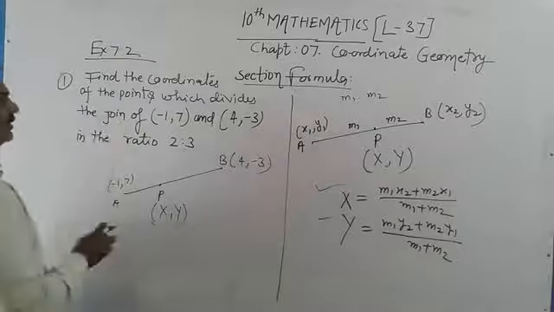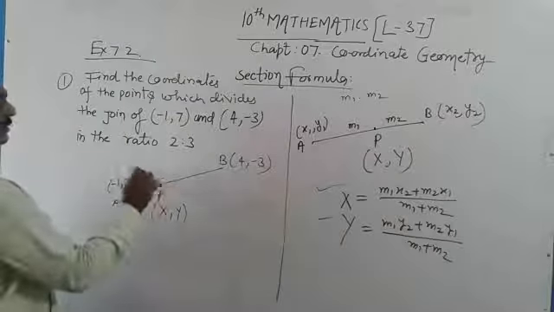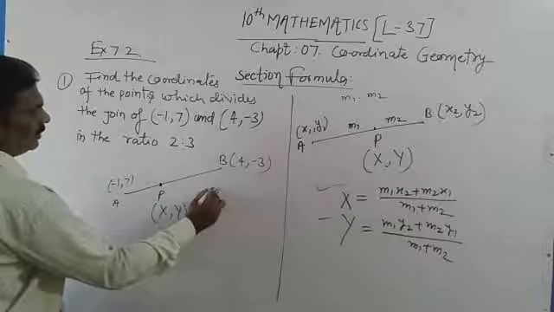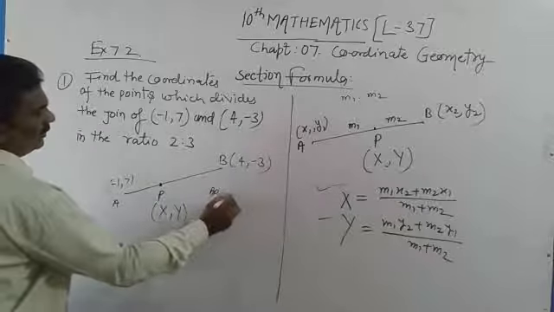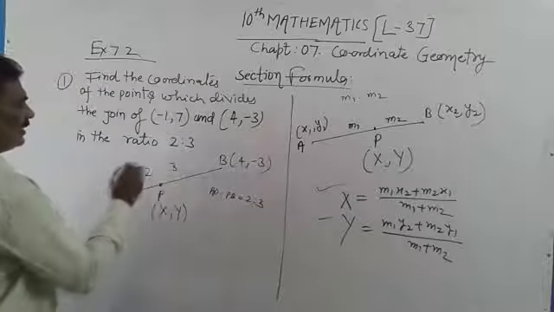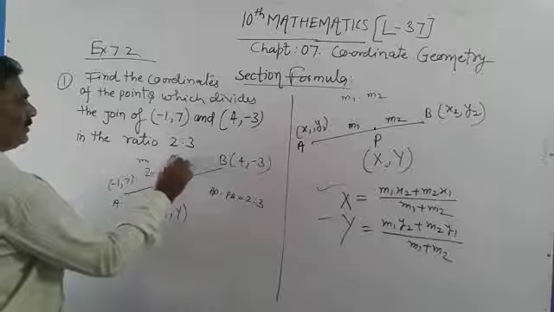So this point divides the line segment as AP ratio PB is equal to 2 ratio 3, where you can say this is m1 and this is m2.